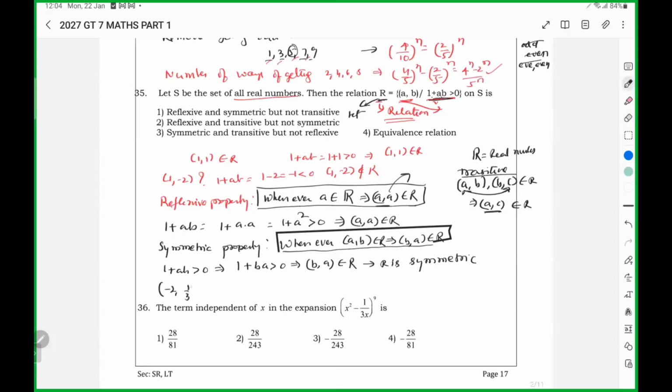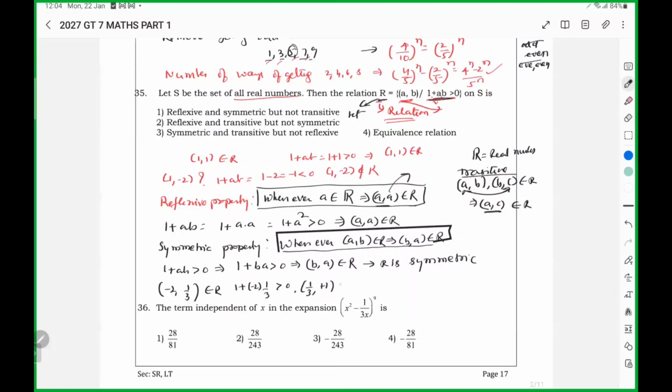1/3. In this case, it is there in R because 1 plus minus 2 into 1/3 is positive. Now I will choose 1/3 comma another number, minus 1 or plus 1. Okay.